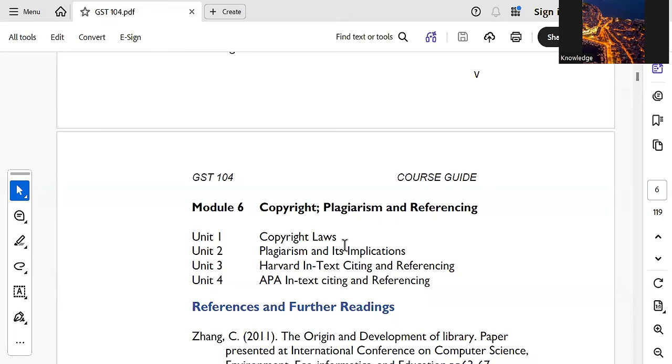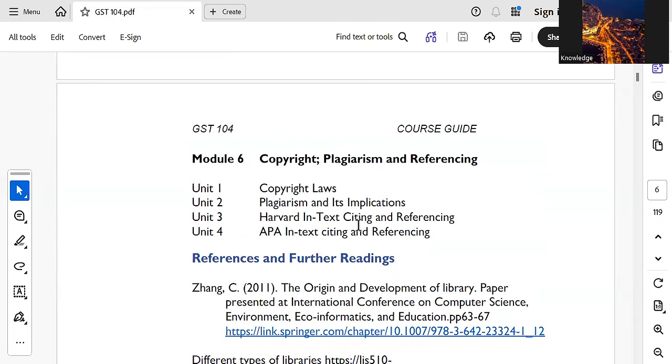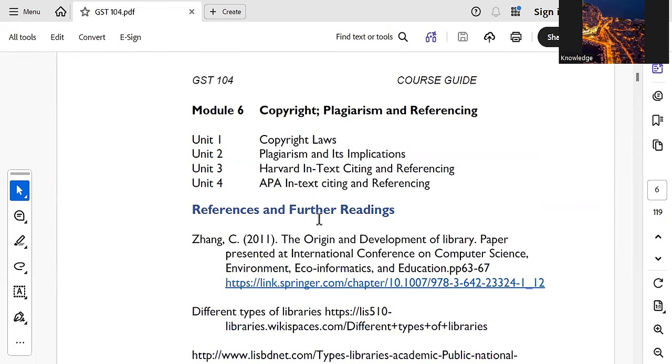We have quite a lot of them, but I think with APA and Harvard, you will learn how to use them so that when you are reading a book and you see the referencing style used, you will be able to identify if this is Harvard, or APA, or American, whichever. So we have quite a lot of them.